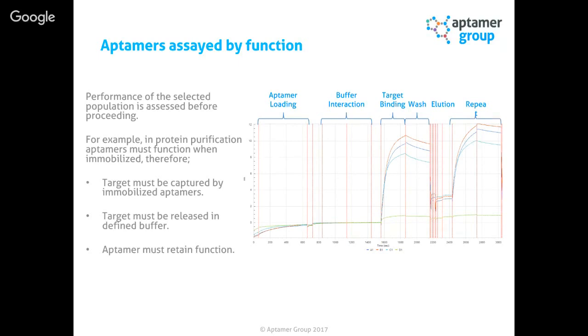But then as soon as we add the aptamer target in there, you can see a very strong interaction on the top 3 curves. Some dissociation during the wash, which is what you would expect. But then as soon as we introduce the elution conditions, all of the target is released, and then we can go around the process again. So again, it's about screening with an assay that's suitable to the end goal of the customer.